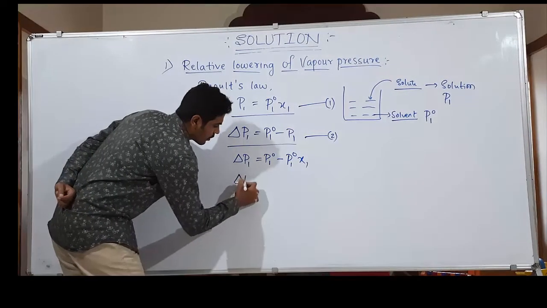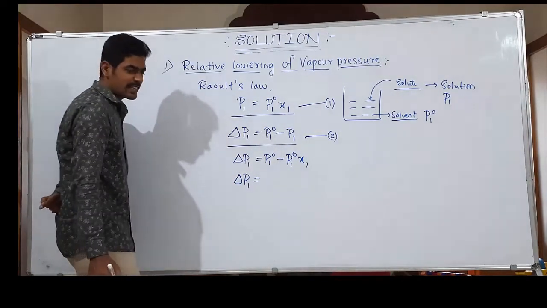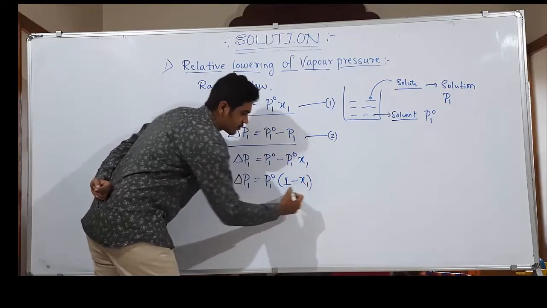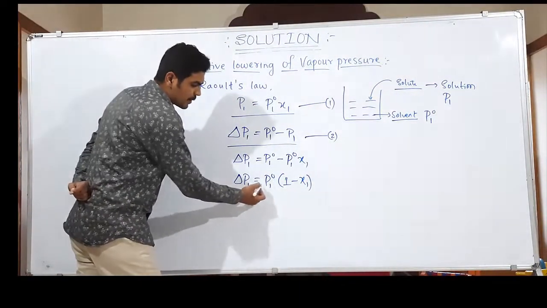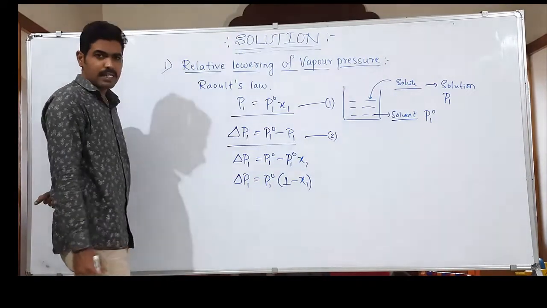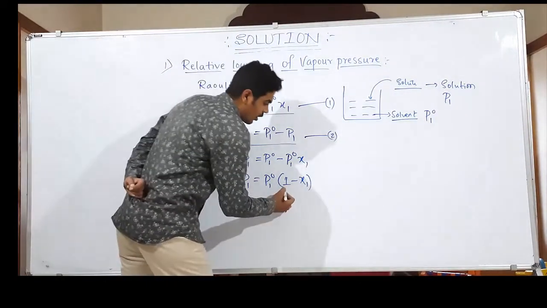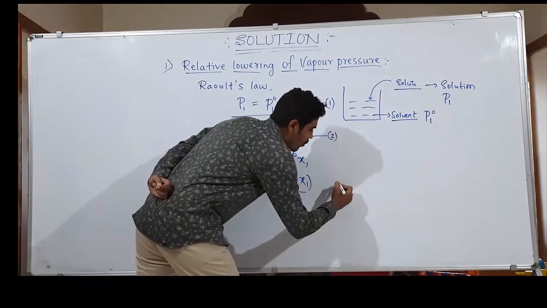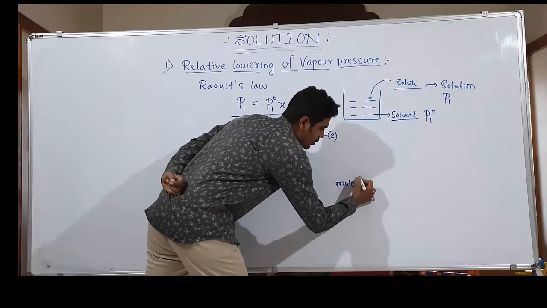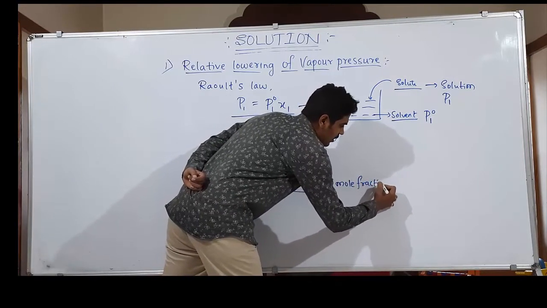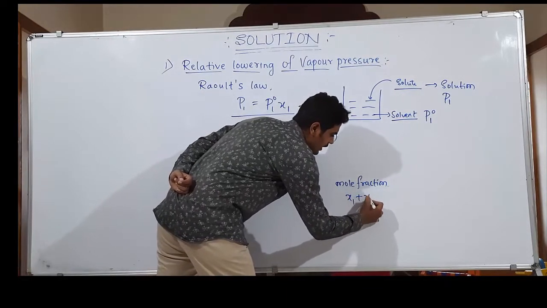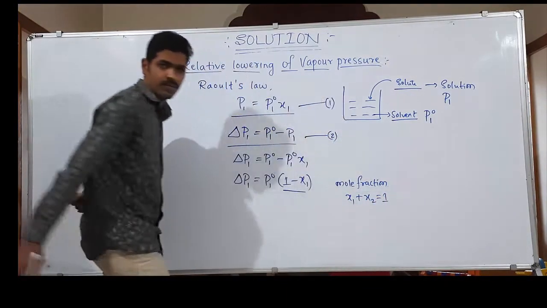Now simplify it. Delta P1 is equal to, what is common here? P1 naught. What will remain here? 1 minus X1. So delta P1 is equal to P1 naught into 1 minus X1. And what does this 1 minus X1 represent? As you know, for a binary solution, the mole fractions satisfy X1 plus X2 is equal to 1.